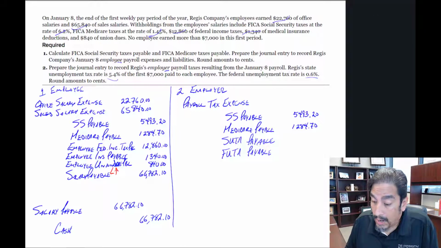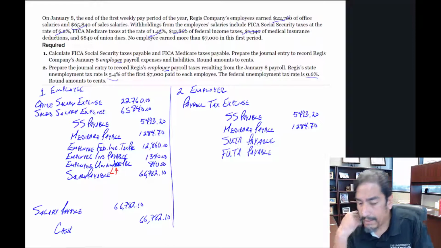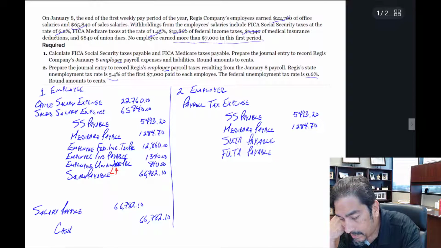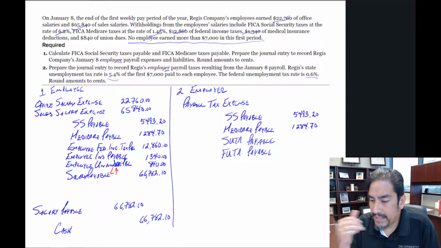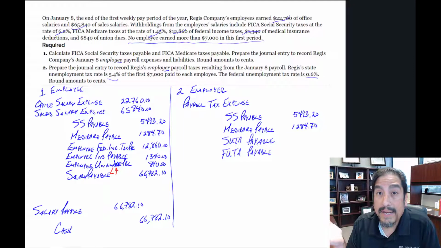So our payroll is $88,600. We have to be careful here because remember, $7,000 is the limit. So we only pay on the first $7,000. And when our payroll is $88,600, if that all went to one person, then we're only going to use $7,000.